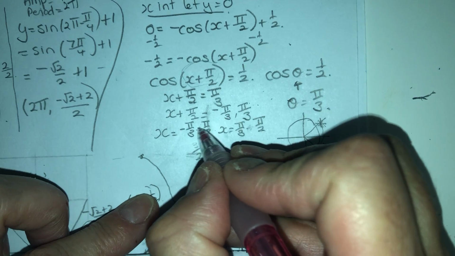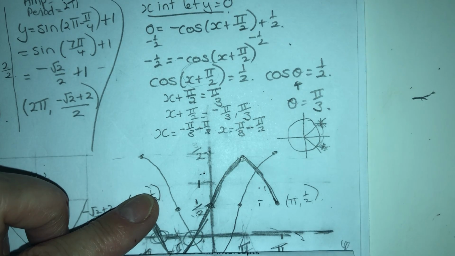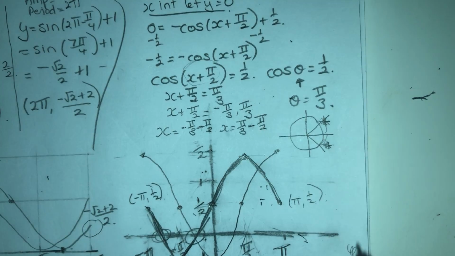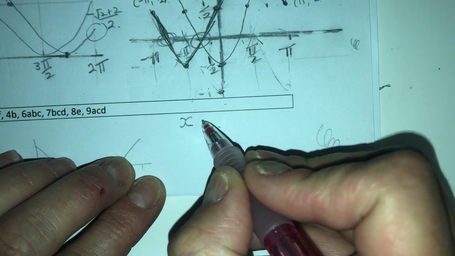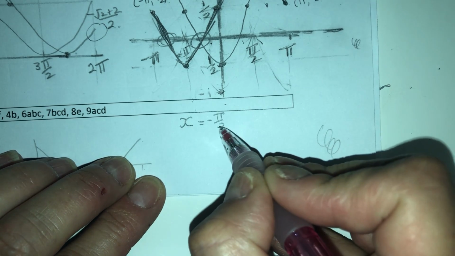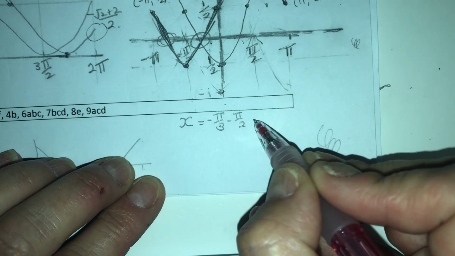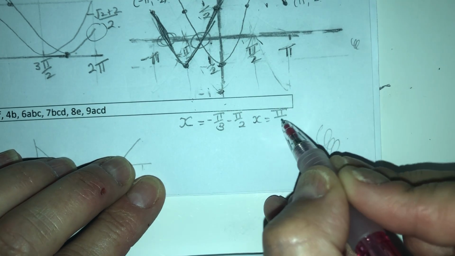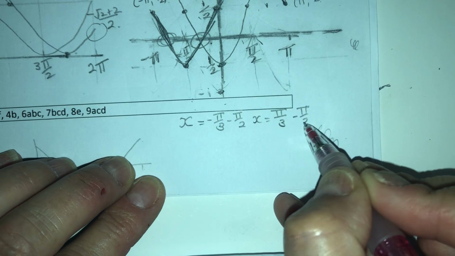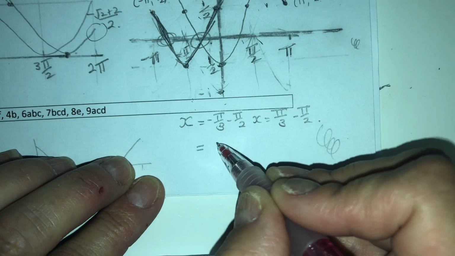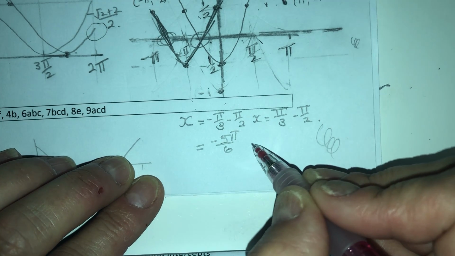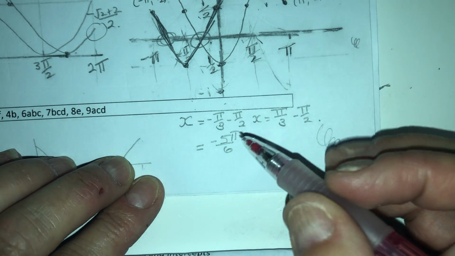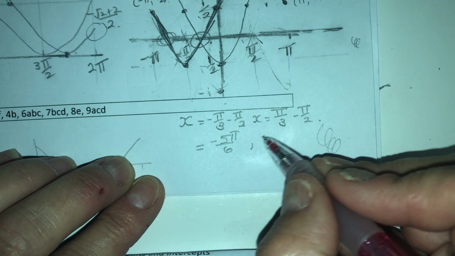Hopefully you got that and you're saying Mrs. Thomas is wrong. Okay, so from here, and I've totally run out of room, I'm going to go down here. So our values are x equals minus pi on 3 minus pi on 2, or x equals, and I should say, pi on 3 minus pi on 2, two values, and we should end up with negative 5 pi on 6 and negative pi on 6.